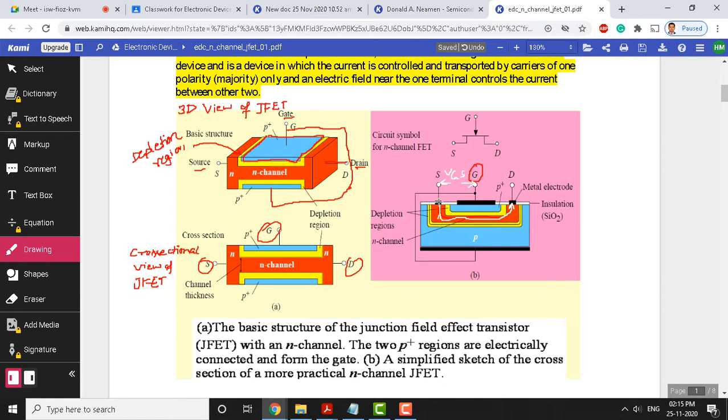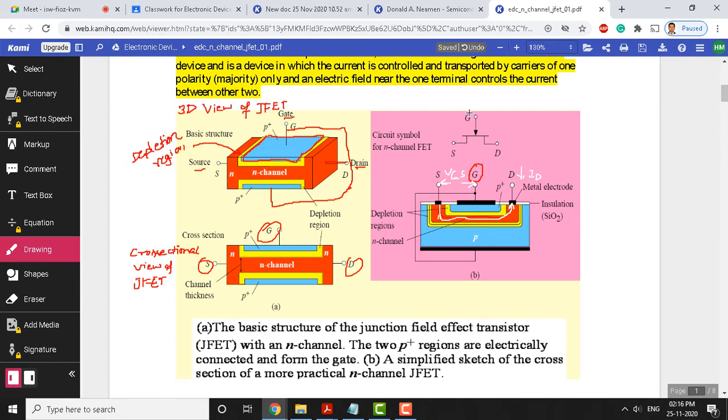Electrons flow from the external circuit through the source and all the way reach the drain, but the current flow will start from the drain. So the current flow direction is something like this. This is ID. This is the direction of current flow within the FET here.